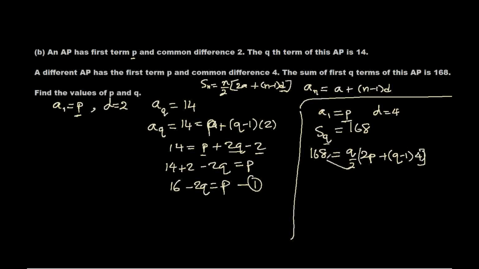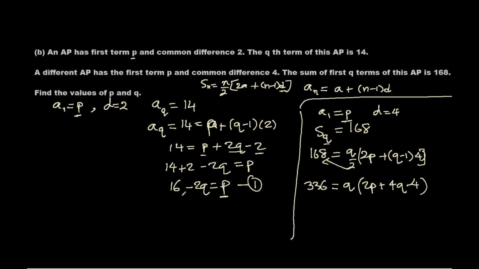Alright, let's get rid of this 2 first by cross multiplying. 168 times 2 is 336, equal to q, 2p plus 4q minus 4.